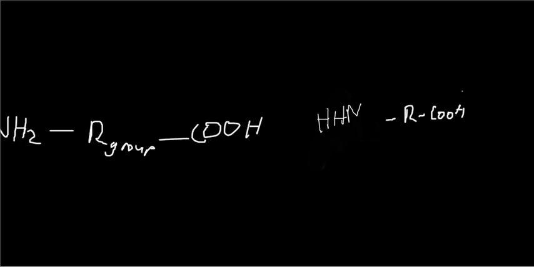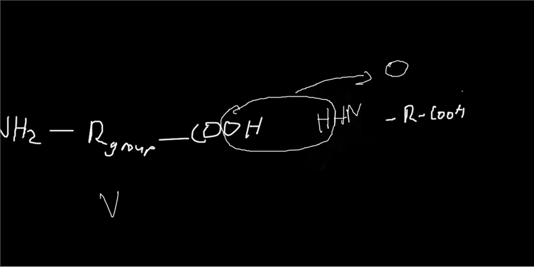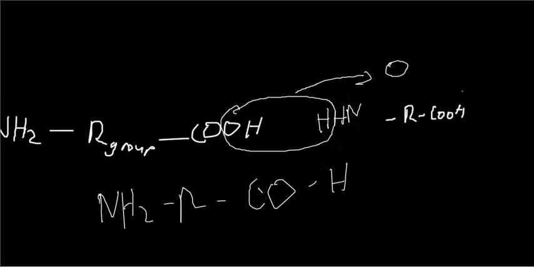This will make it easier to view things. Again, I have that OH, and I have the H on the other end, and so that will leave the system as water, and I now have these leftover parts, which come back together: NH2, R group, C, O, and then O will act as the bonder, the middle piece, and then COOH. And this will keep going on and on, however long the amino acid chain is.